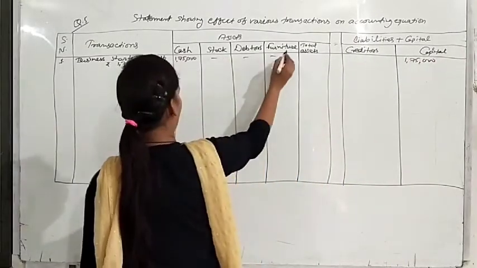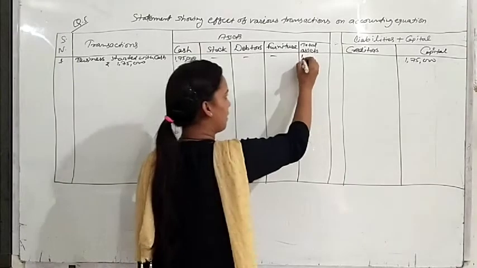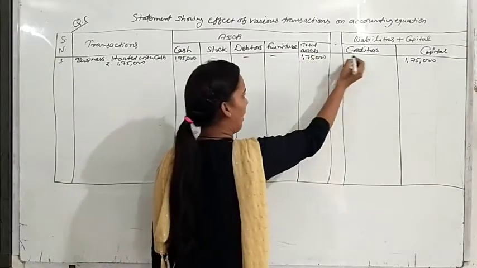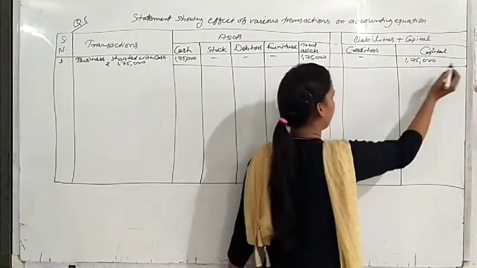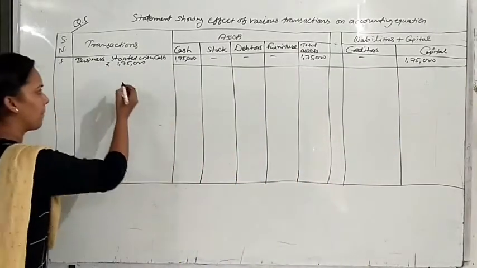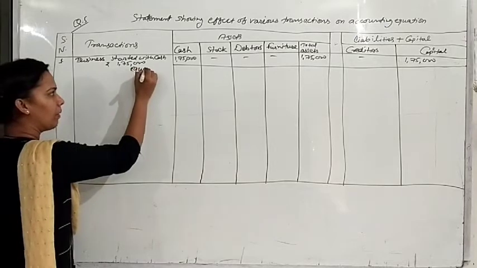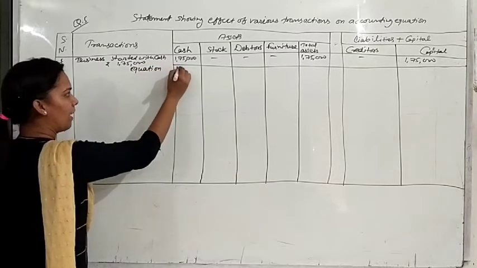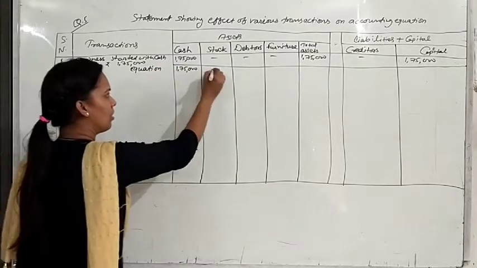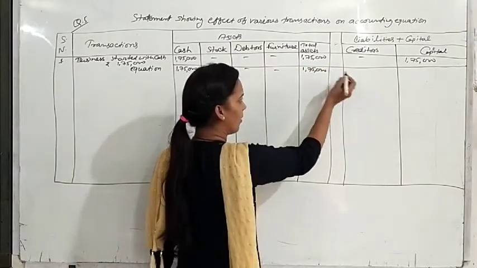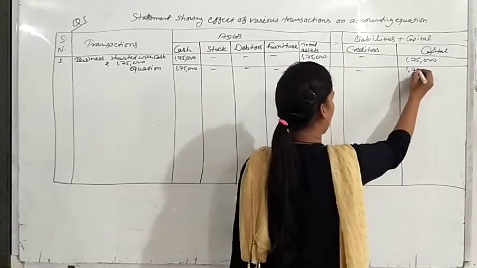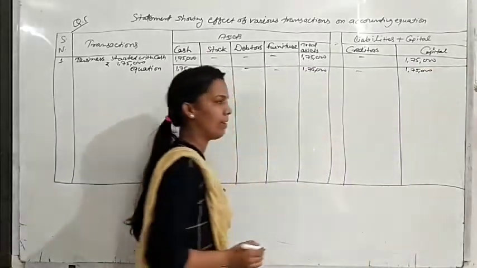No effect on stock, debtors and furniture. Total assets 1,75,000 and no effect on creditors. So match the equation. 1,75,000 cash, no stock, no debtors and no furniture. Total assets are 1,75,000 and capital is also 1,75,000.